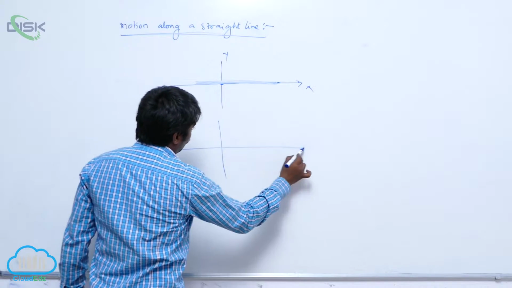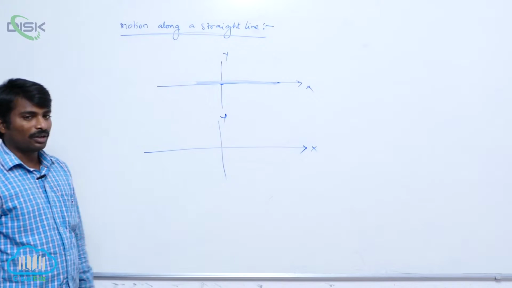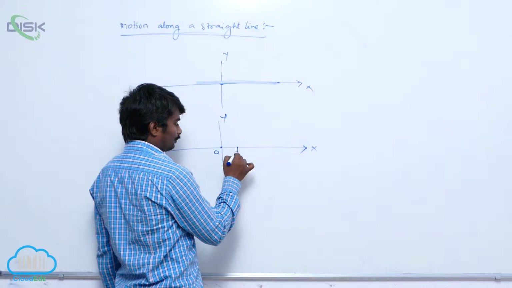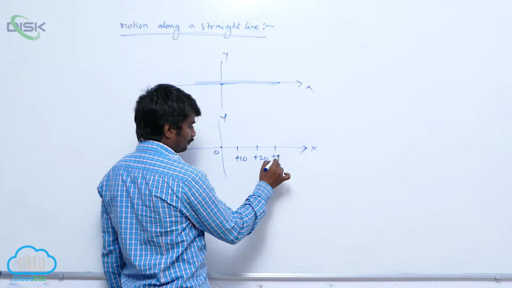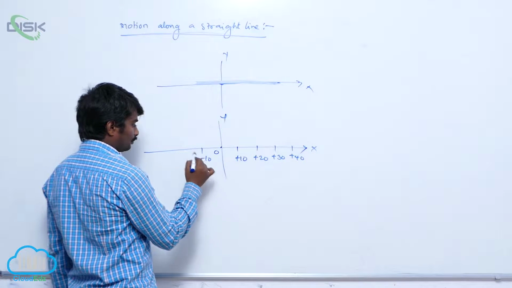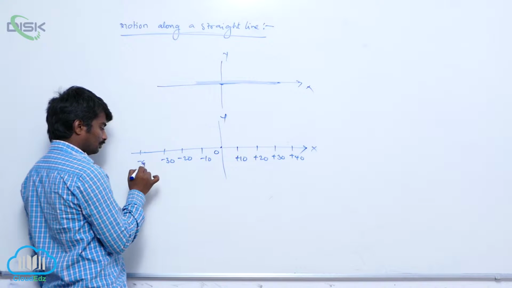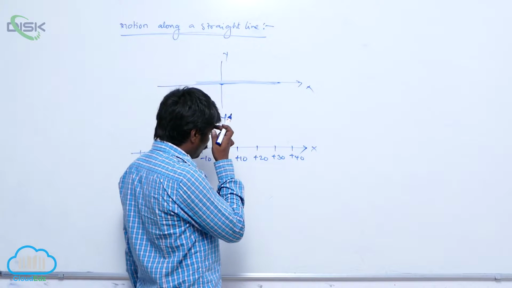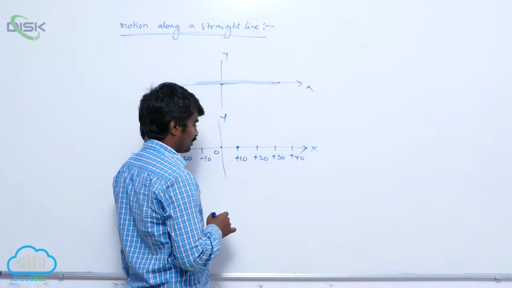Now let me define the displacement and path length. Initially, the object is at plus 10 meters.